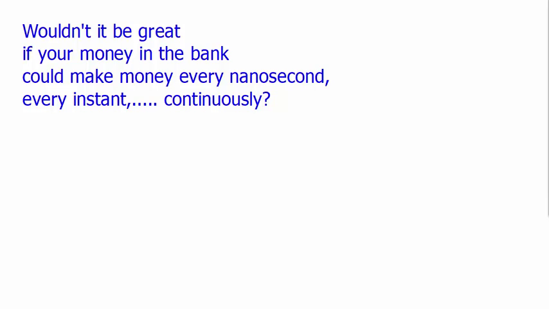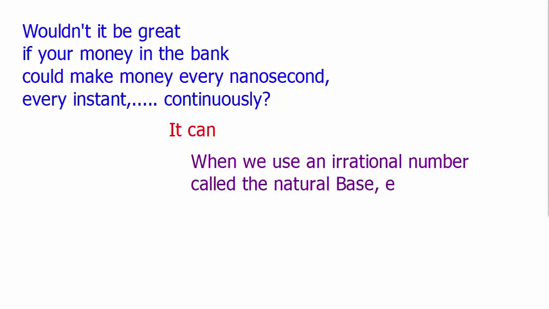We'd love it for our money in the bank to actually grow every nanosecond continuously. And that actually is possible if we use this natural number. It's another irrational number like pi. It's called the natural base e.